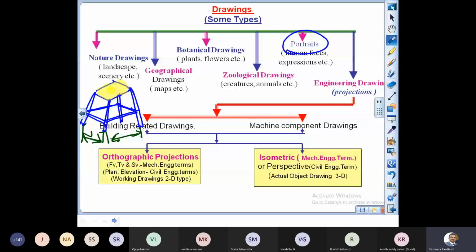You might have seen stools. See the bottom, these four legs: the length from here to here, here to here, and so on. That means between each adjacent leg, the distance between those two edges at the bottom will be equal, as well as this length.